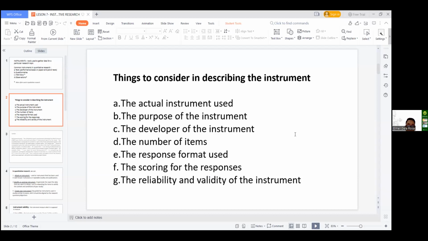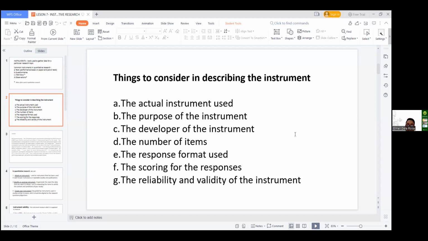What is the purpose of the instrument? Who developed the instrument? If it's not, you adapted it ba? O hindi naman, ginawa mo ba on your own? How many items are there in the questionnaire? What is the response format that you use? How did you score, or how will you score the responses?